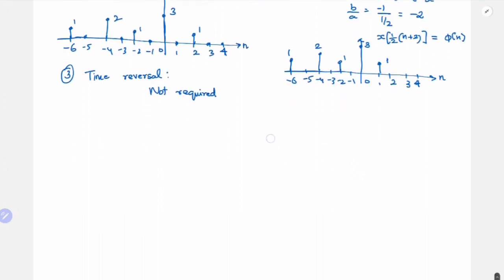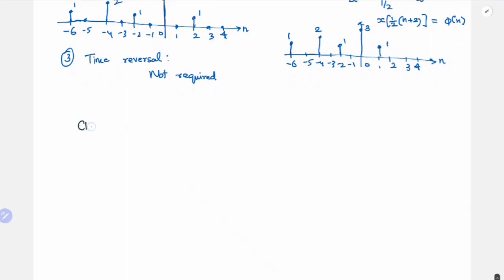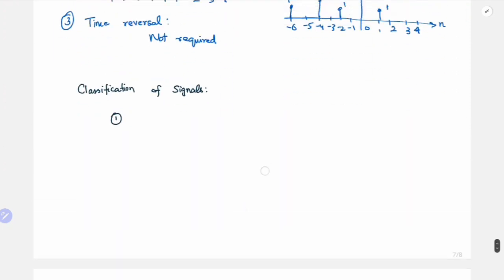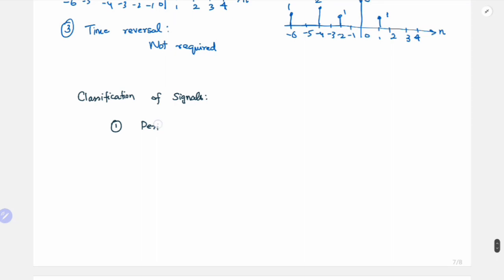So now let us look at the classification of signals. So the first one we'll see is between periodic and aperiodic signals. Periodic and aperiodic.